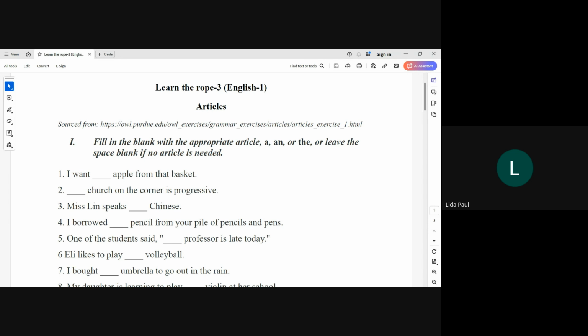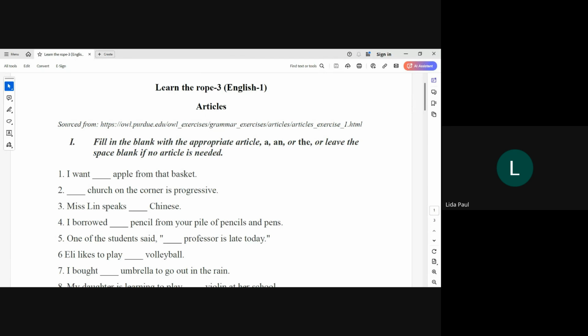In terms of its form, articles function very much like an adjective. Like, I say a pen, the pen. It's very similar to saying a black pen, right? It almost has an adjectival function, but unlike the adjective, it's not optional. You can't have the article optional along with a noun.